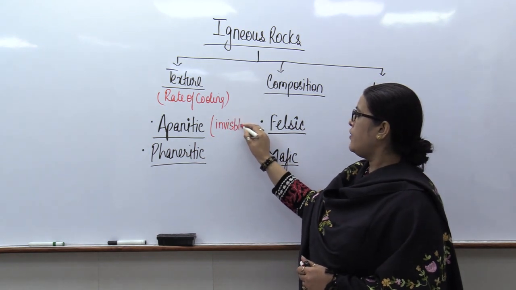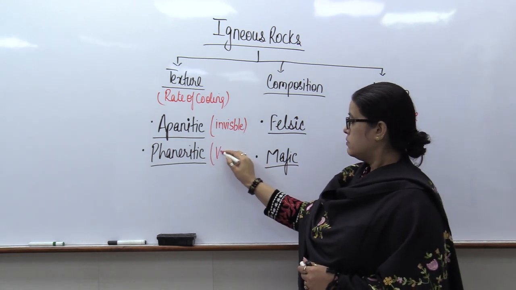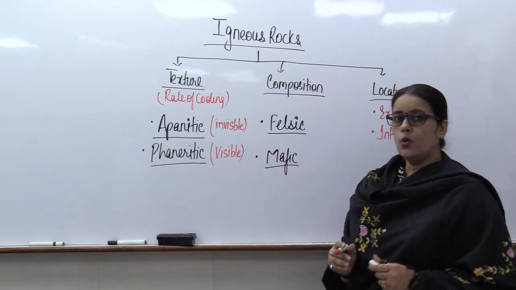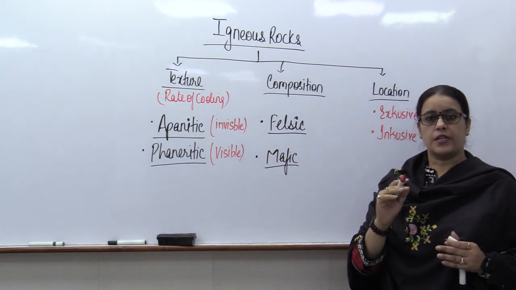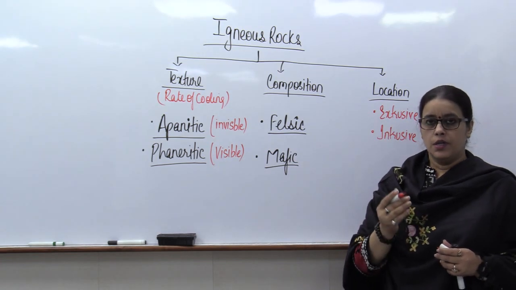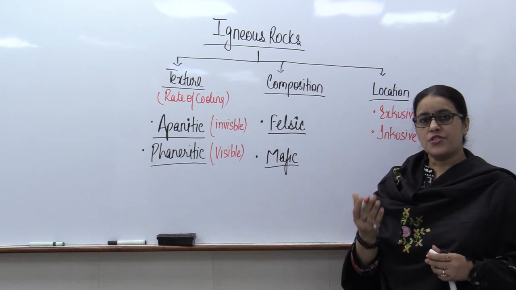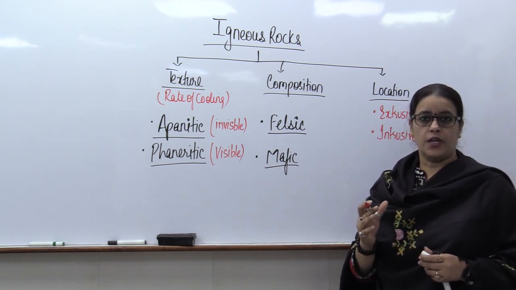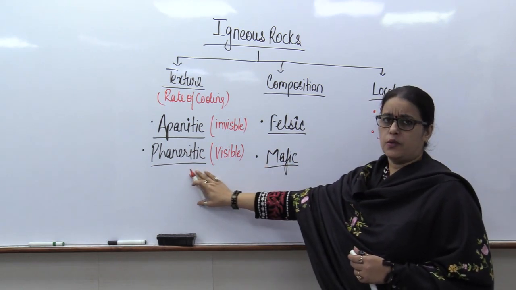As in, I am a very fine textured igneous rock. Phaneritic stands for visible. Without any support of instruments, I can see the crystals that are present in the igneous rock. So those big crystals, where the texture is visible without the support of any tool or instrument, will be phaneritic, visible.